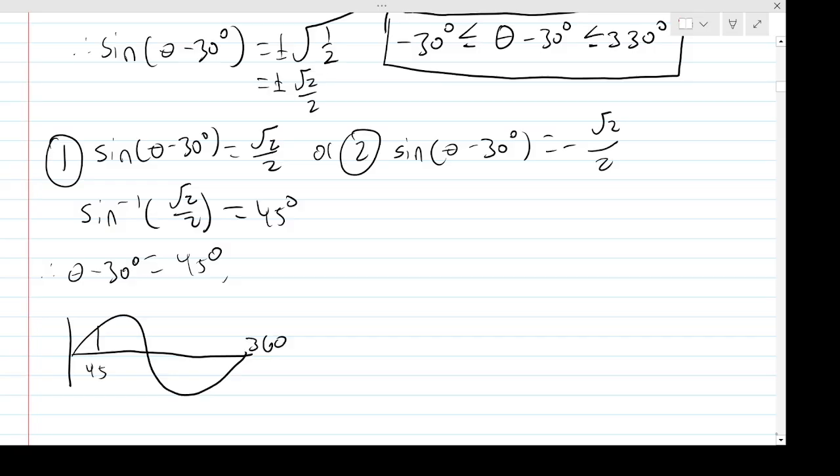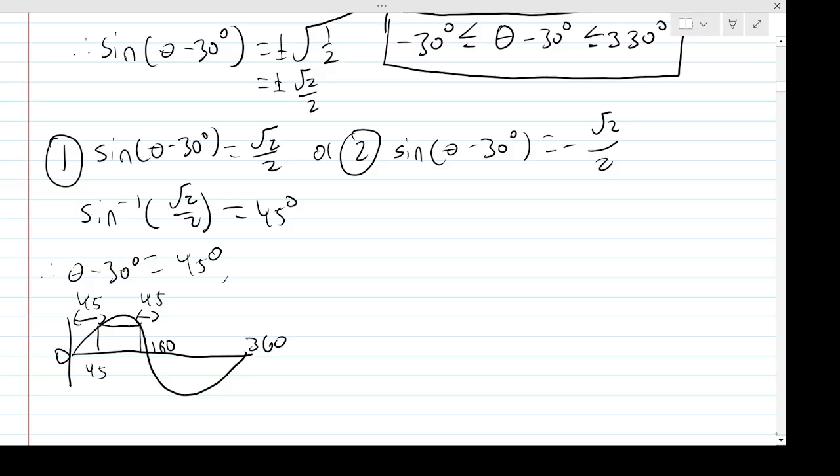Because it's symmetrical either side of the hump, the gap between one end of the curve at 0 and the first solution is 45. That's the same gap between the second solution and the other end of the curve at 180. That'd still be 45 as well.